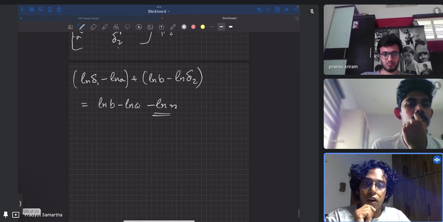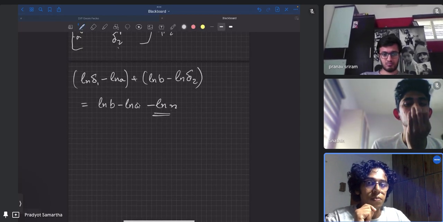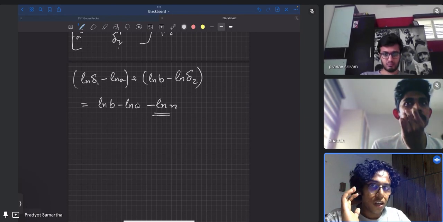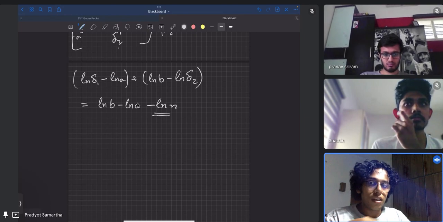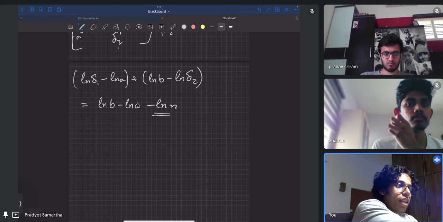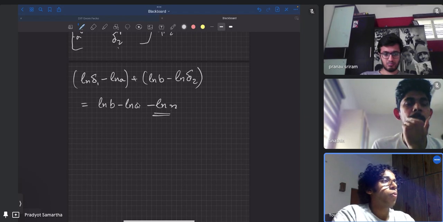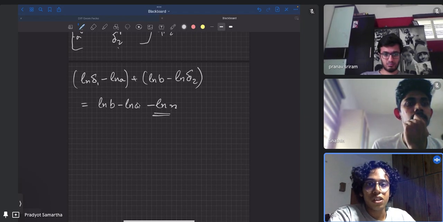So we have ln n, which is clearly divergent. As n blows up, your ln n will also blow up, and the value of your integral is essentially divergent.